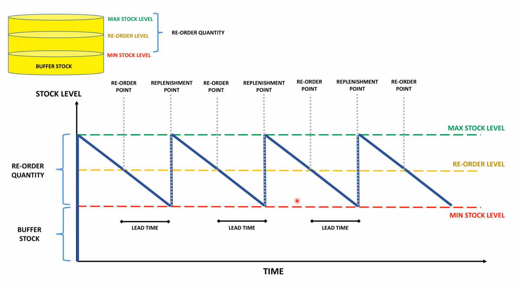Now we can see this chain which happens throughout the lifespan of the project. The one in the previous slide was just for one cycle. Now we have 3 or 4 cycles for the same model. At the beginning of the project, the stock will be from 0, and as soon as we order it, it reaches the maximum stock level. As the project progresses, the quantity of material gradually reduces and reaches the reorder level where we place a new purchase order.